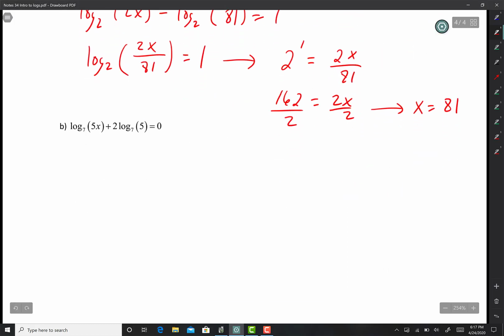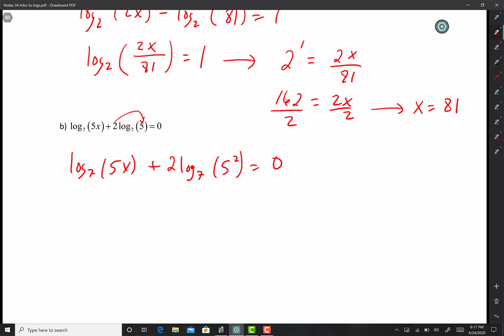So again, I have a plus here. Turn that 2 there into a power after that 5. So log base 7 of 5x plus log base 7 of 5 squared equals 0. So 5 squared is 25. Oh, I no longer have that 2. Sorry, guys, log base 7 of 5 squared.